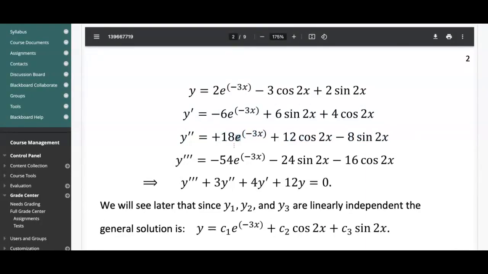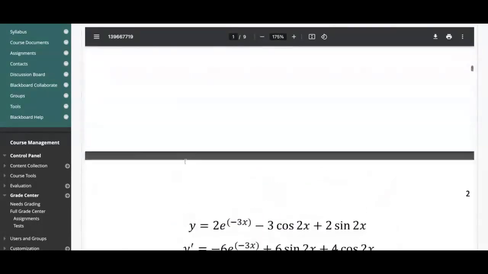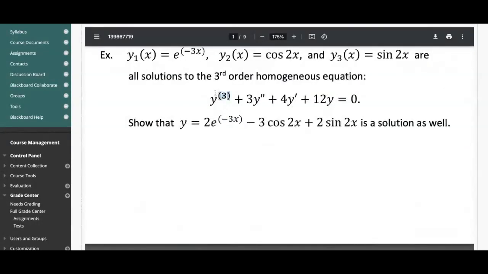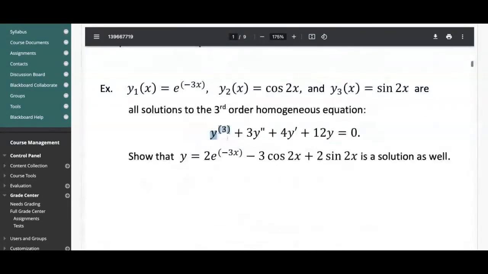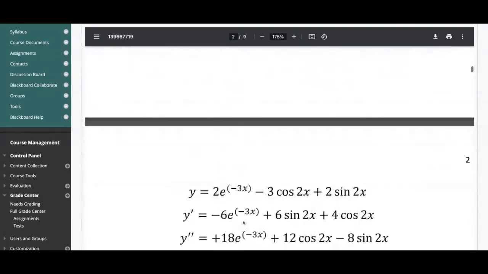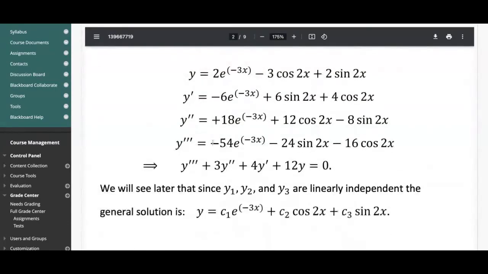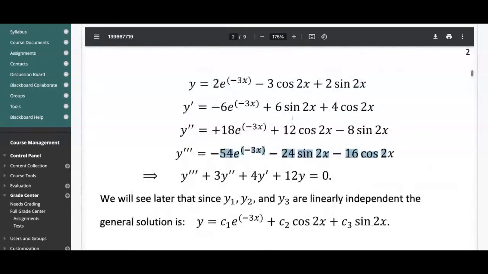Second level derivative, y double prime. Third level, y triple prime. Those two notations are the same. Then we just add this y triple prime with 3y double prime and 4y prime and 12y, and indeed they equal 0.